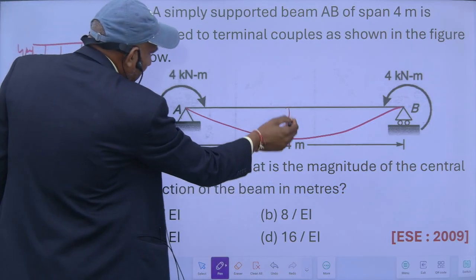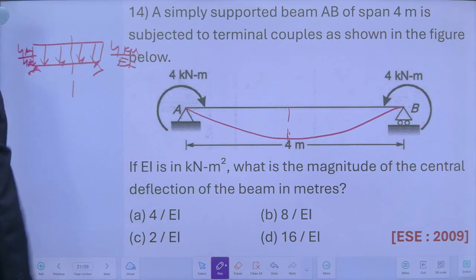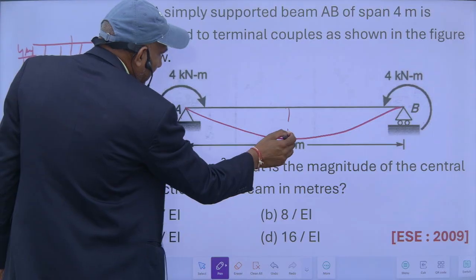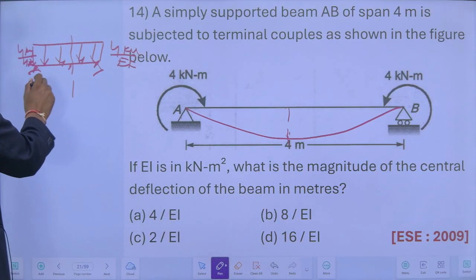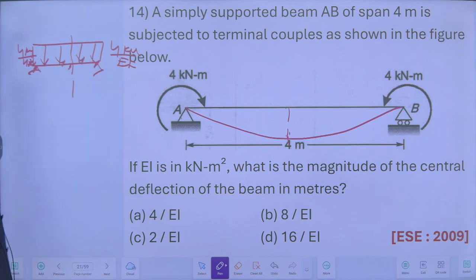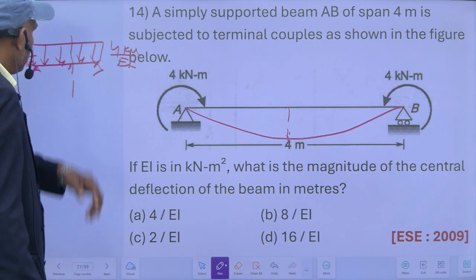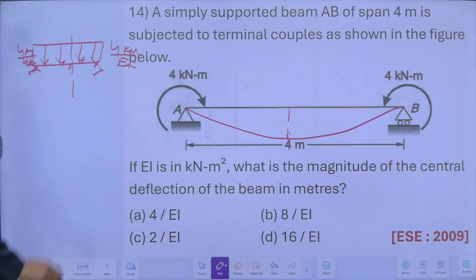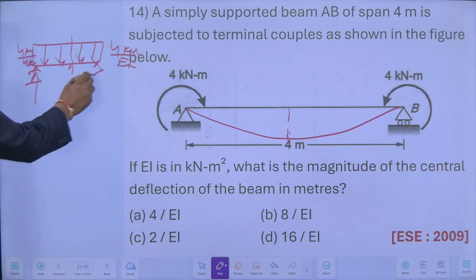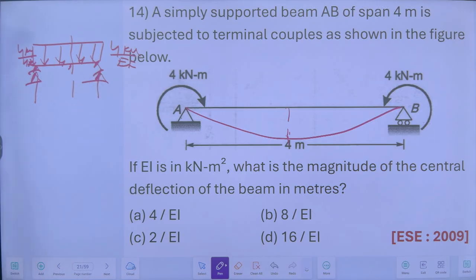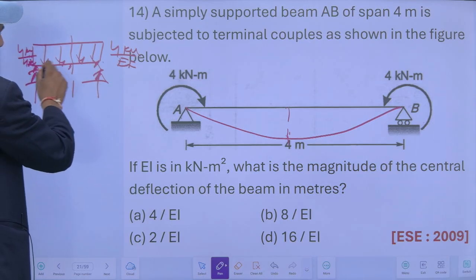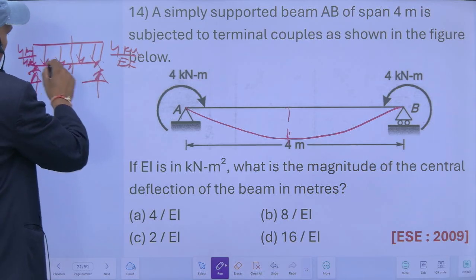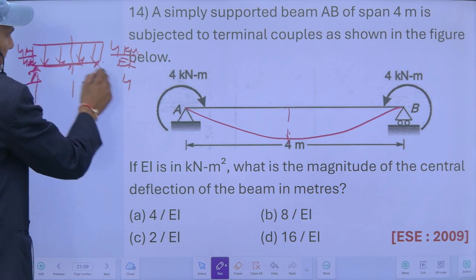My deflection at the center of the real beam is equal to the moment at the center of the conjugate beam. So I will take the moment at this point. First I have to find the reaction. So the total load is 4 into this length, which is also 4.